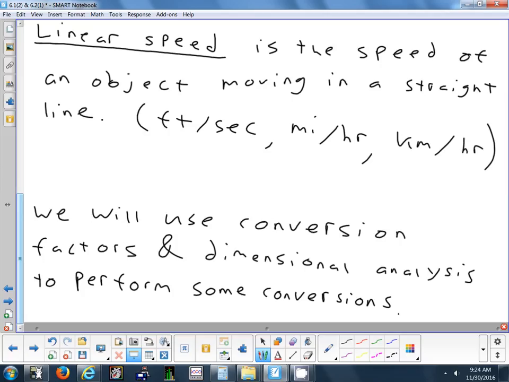If you want to cancel a unit, you have to put it in the opposite spot in the fraction, and it cancels. Okay? That's a lot easier to remember than tons of fancy formulas. Now, you do need to know basic conversions. Okay? You have to know things like how many seconds in a minute, how many minutes in an hour, days in a year, hours in a day, inches in a foot. Okay, you have to know those things.